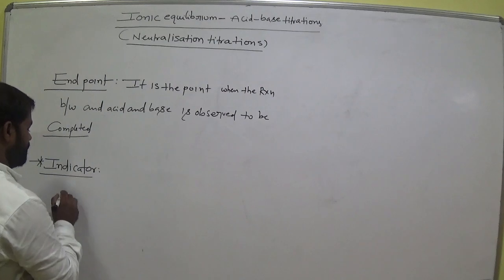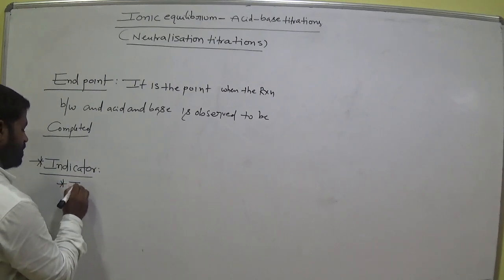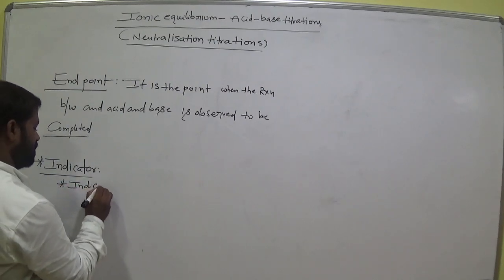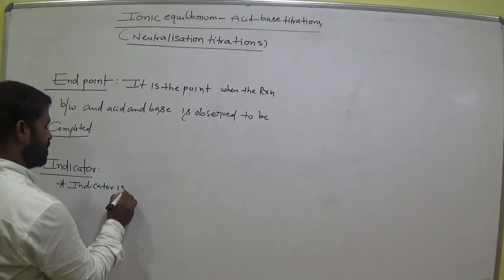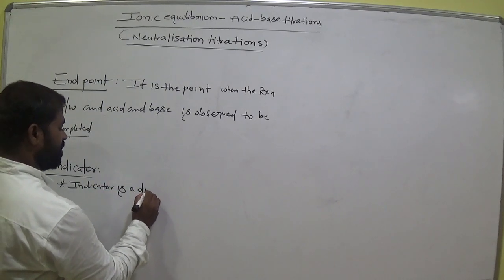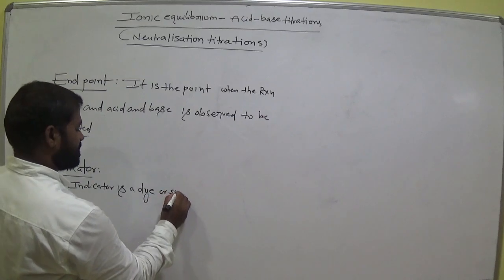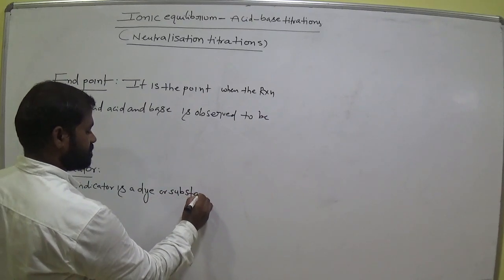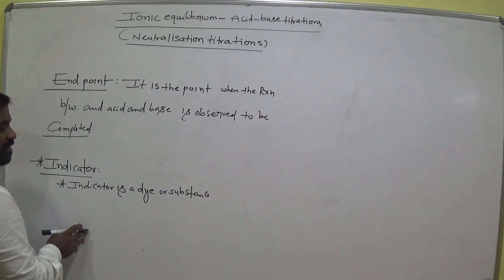Indicator. An indicator is a dye or a substance. Dye means a color compound.